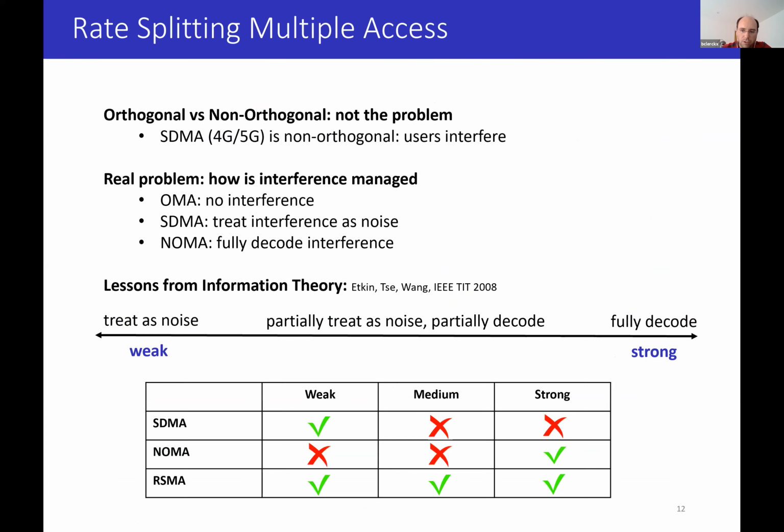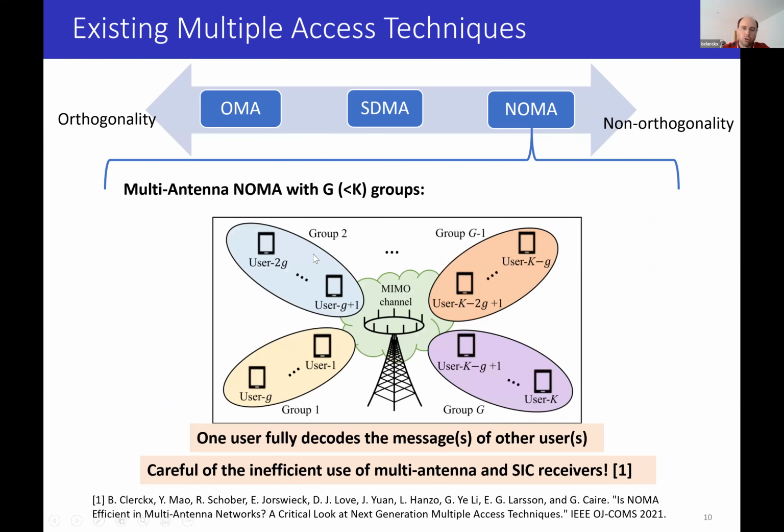So you said number 10, right? So here you could have one group with K users in one group. What that means is that the strong user has to decode K-1 messages. So it needs K-1 SIC, or you need to split them into multiple groups.